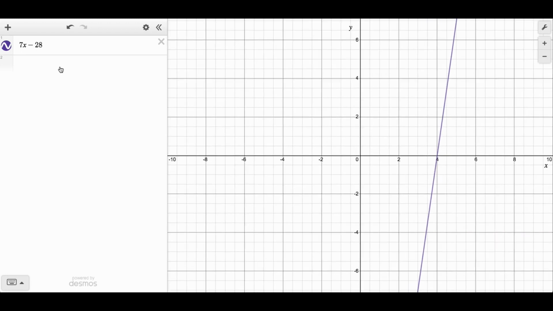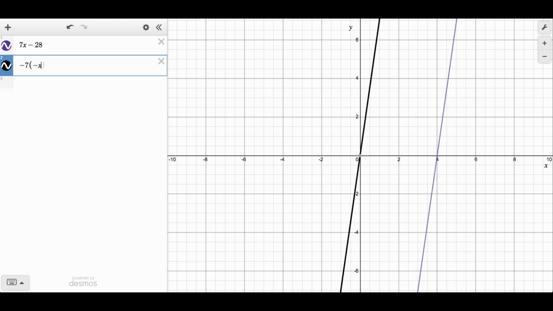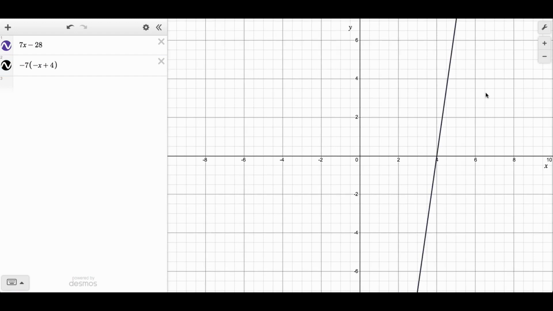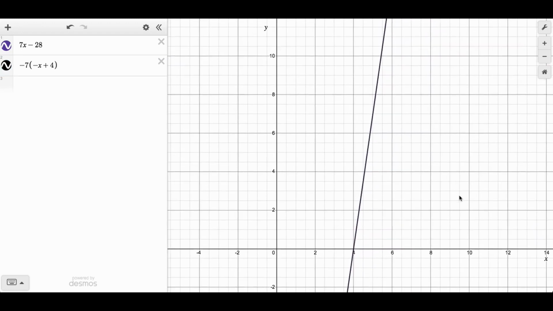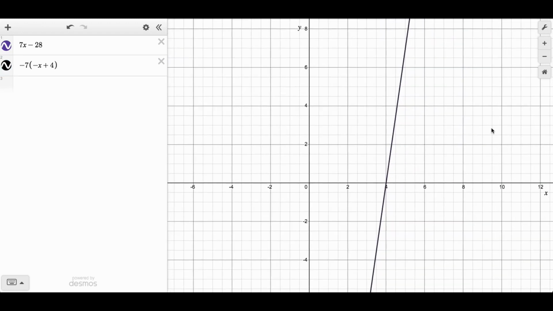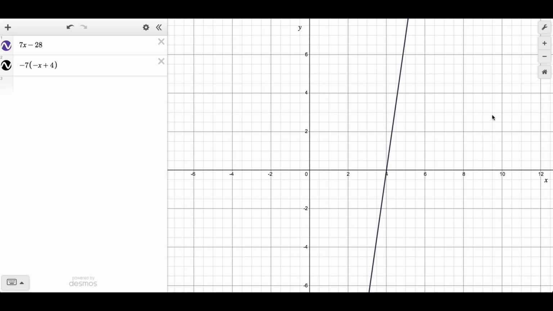So if we put that second expression in, negative 7 times negative x plus 4, you can see, to your surprise, that the purple line has disappeared. But if I click on this, it reappears.